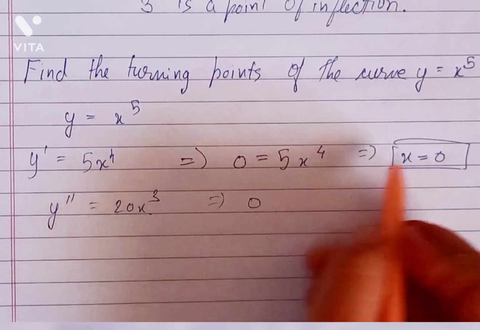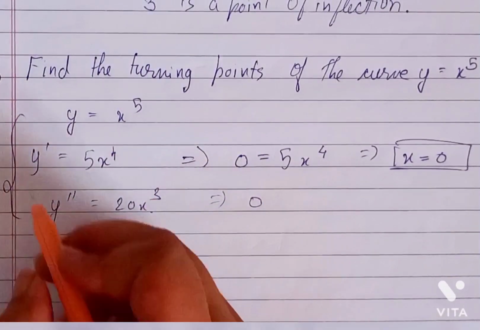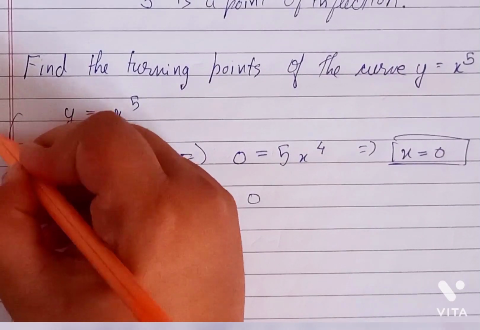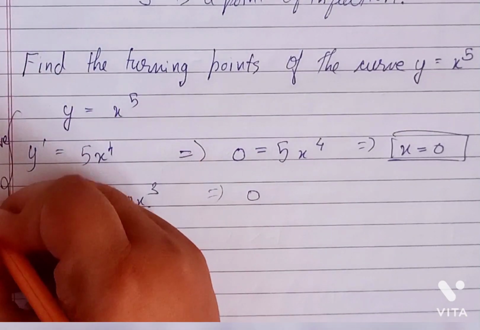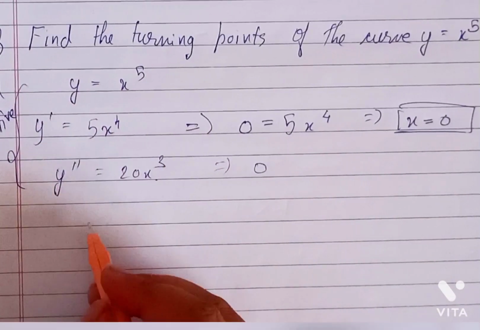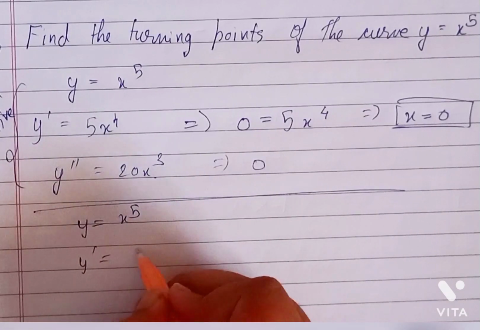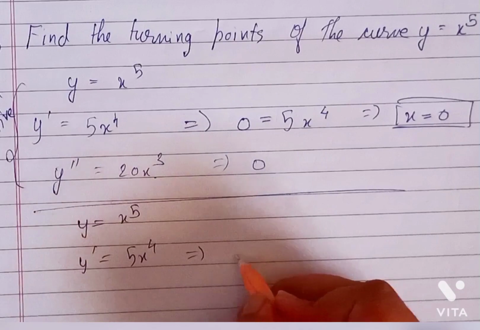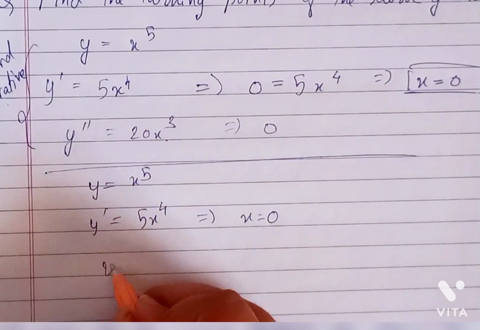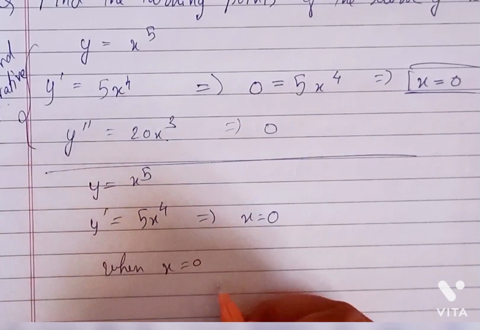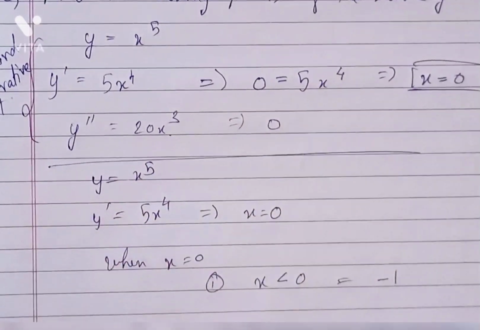So from this we could see that its sign doesn't change. I have seen it by the second derivative test. To show you the second derivative test, right, from the first derivative we can also do it. y is equal to x to the power 5, then y dash is equal to 5x to the power 4. So the turning point would be x equal to 0. Now for the first case, x is less than 0, that is, minus 1 I am taking.